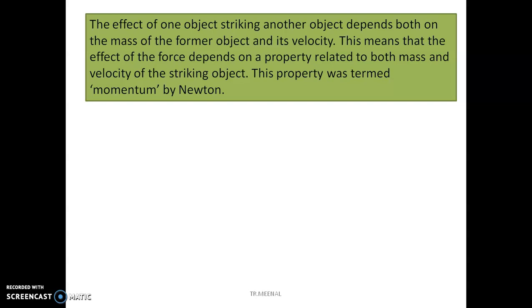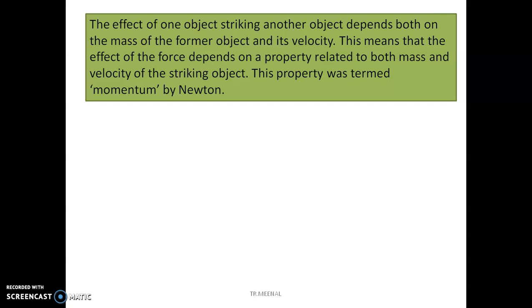Now both the examples we studied, both the balls have some mass and are coming with some velocity. So this property is related to mass or weight of the object as well as the speed or velocity with which the object is traveling.